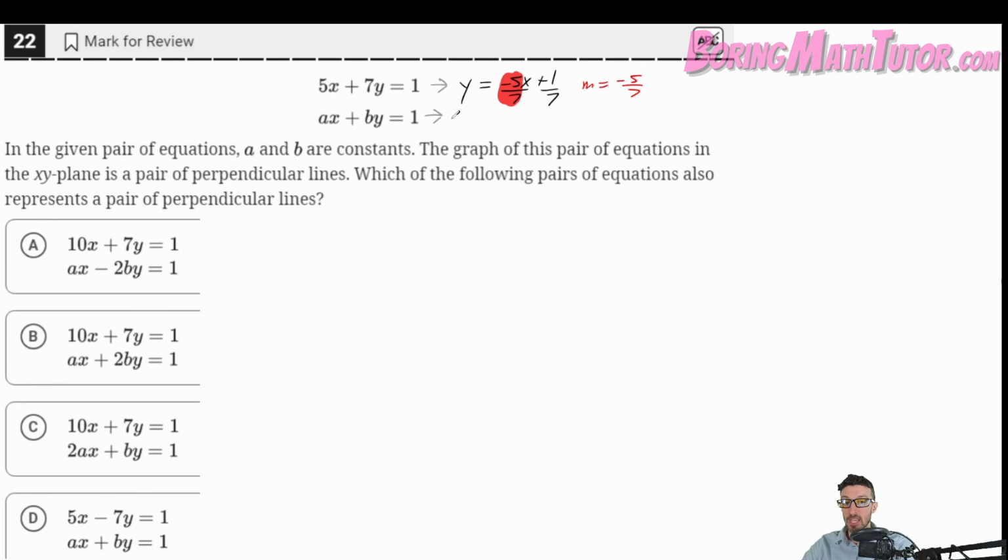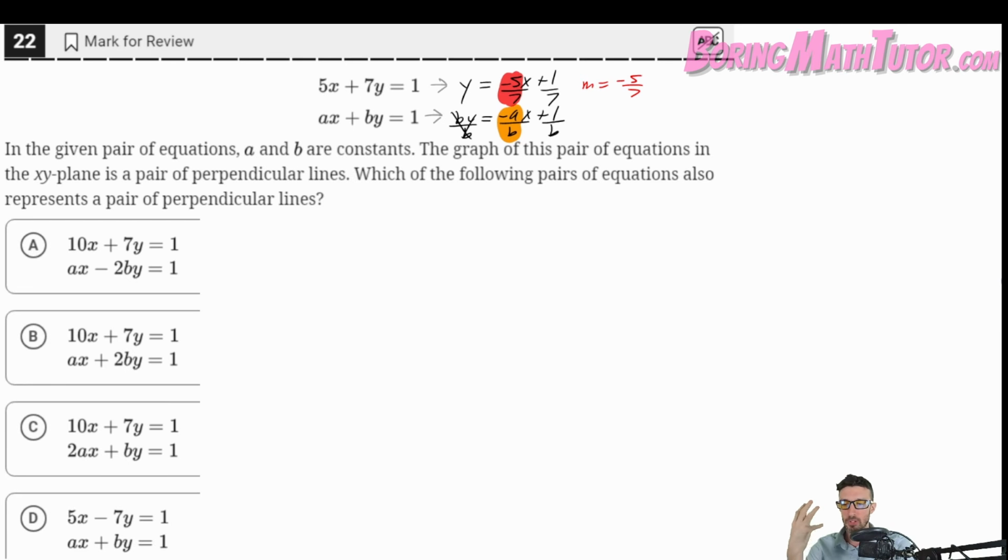Now, if I solve the other one for y, that's a little trickier. You would do by equals negative ax plus 1, and then you divide by b, so that way you can get the slope here. Now, here's the thing. We know that they're supposed to be negative reciprocals.